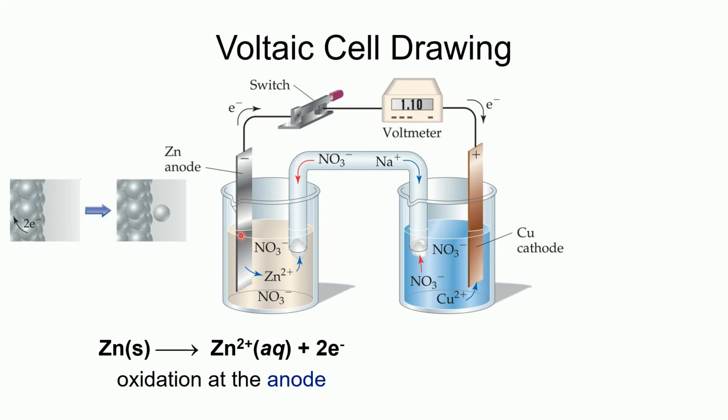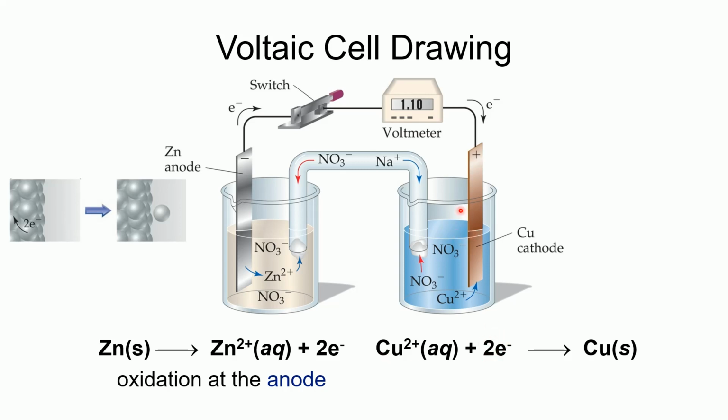Now, because electrons are coming out of this electrode, we refer to it as the negative electrode. Those electrons will flow from our anode through our circuit over towards our cathode. At the cathode, the reaction that is going to be occurring is going to be copper 2+ reacting with 2 electrons.